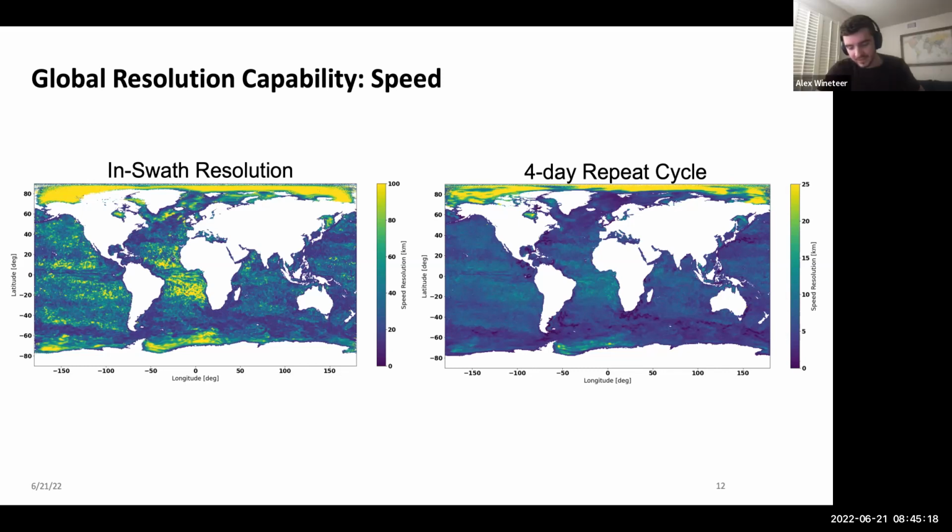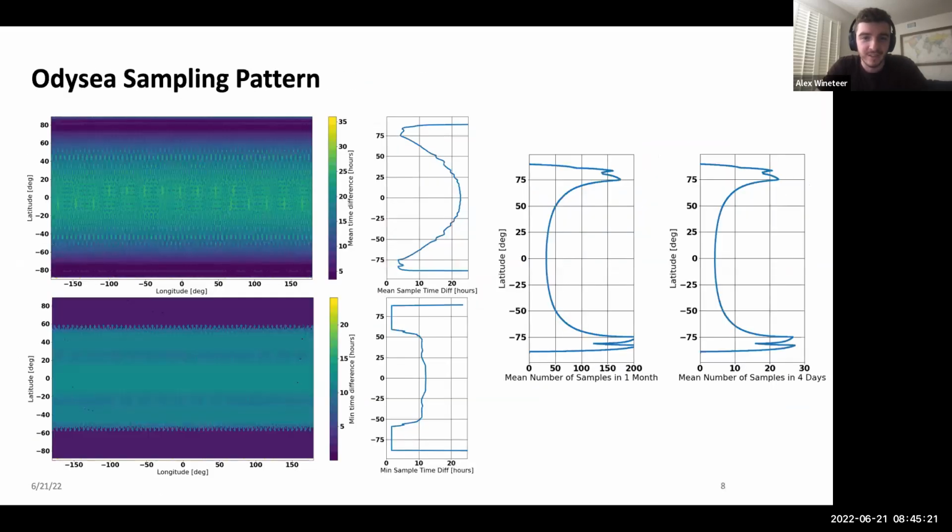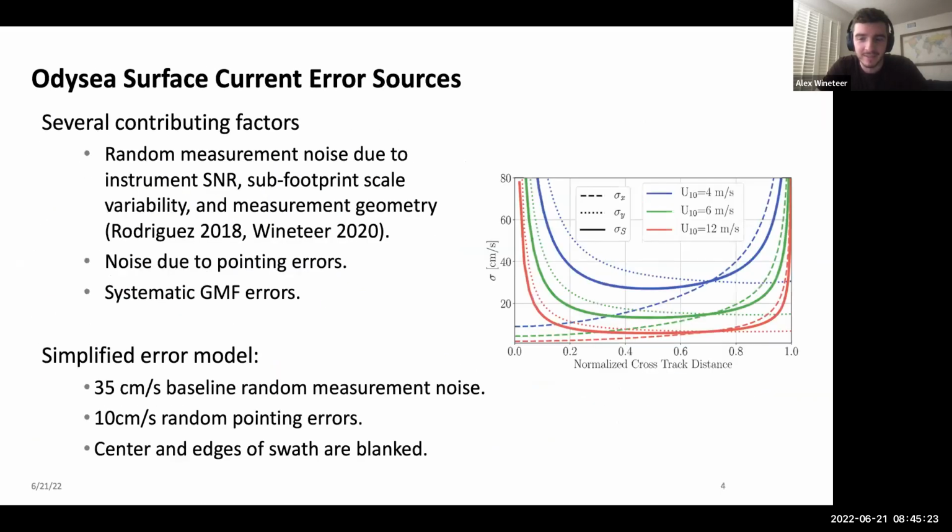Well, what I was mentioning earlier, if I can get back here. The really driving factors in the surface current error are this random measurement noise, and then, if we design the instrument right, to a lesser extent, the pointing errors. There's a dependence on wind in there due to the instrument signal to noise ratio, which is dependent on the wind speed.